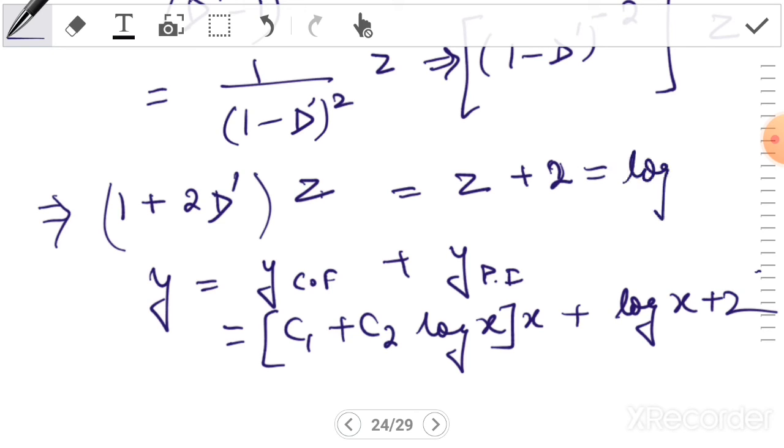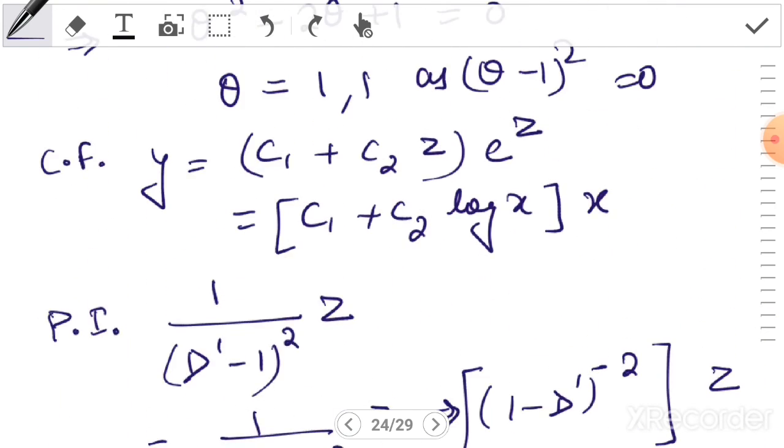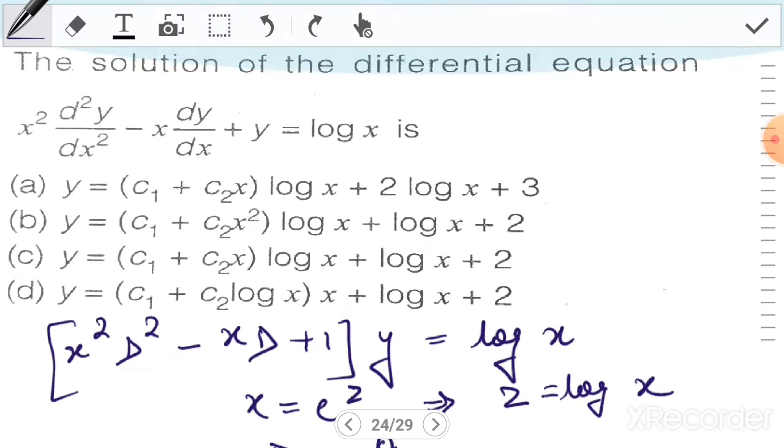Yes. So this is the complete solution. Then D is the right answer.